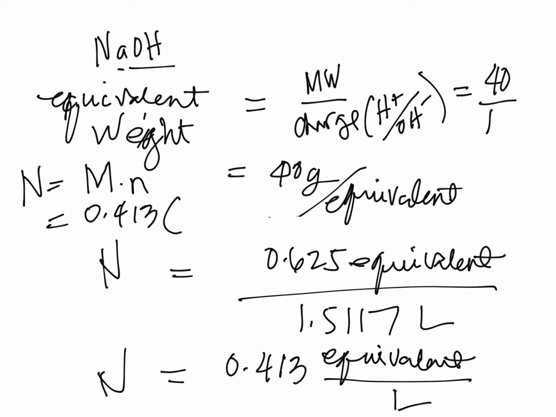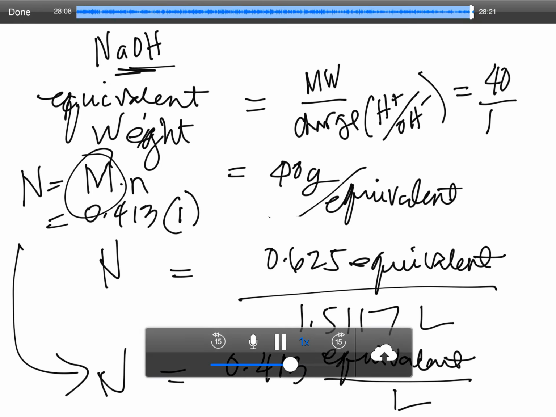Then the N here, or the equivalent, is just only 1. So you multiply it, then that will be your answer using molarity, capital letter M. That's all for this.